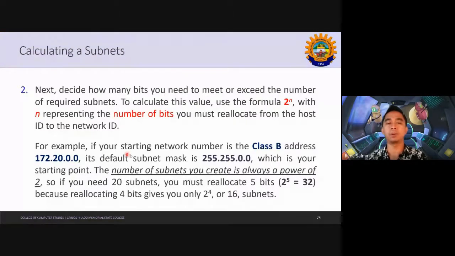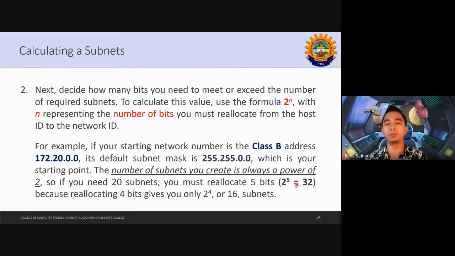For example, if you're starting with a network number in class C, the default subnet mask is this, which is your starting point. The number of subnets you create is always a power of 2. So if you need 20 subnets, you must reallocate 5 bits.